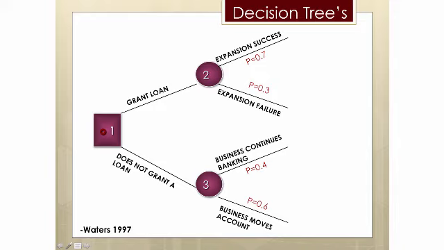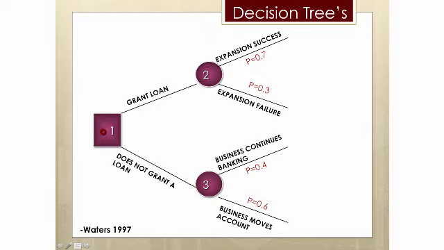Now, the probabilities of the outcomes should sum to 1. Therefore, if the probability of expansion is 0.7, the probability of failure must be 0.3. Now, let's look at whether the bank manager may not grant the loan. Referring back to the case study, there is a 0.6 chance that the company will transfer its account to another bank.